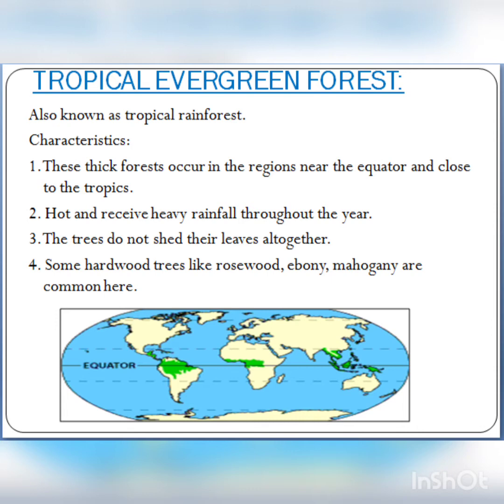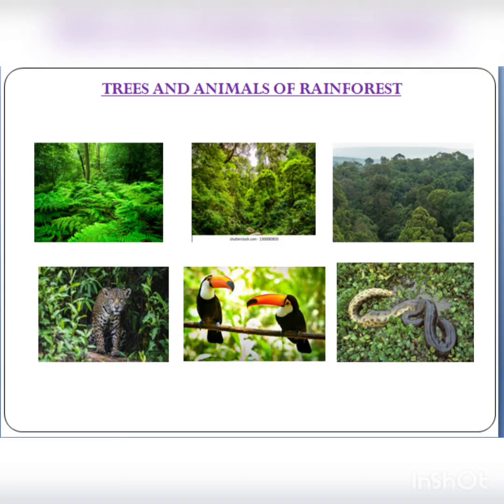From this map you can easily observe that the equator passes through the middle of our globe, and just following the equator and in between the tropics, the tropical evergreen forest is situated. It is situated mainly in Brazil, Central Africa and southeastern Asia.